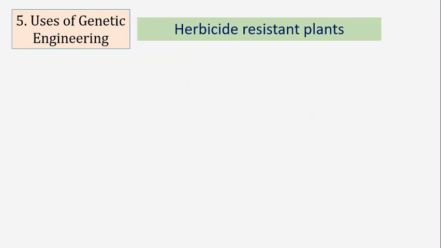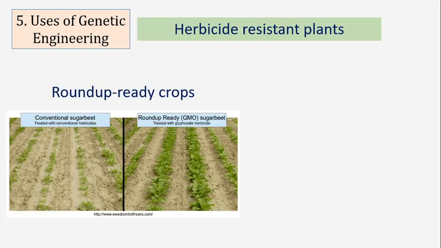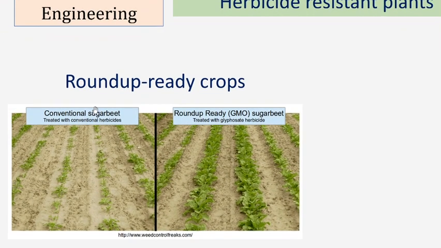And now we will discuss some herbicide resistant plants made by the genetic engineering method. In the US and most of the European countries, there is a strong herbicide used in the field, a strong herbicide chemical which is called glyphosate.